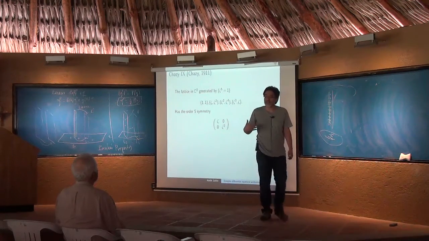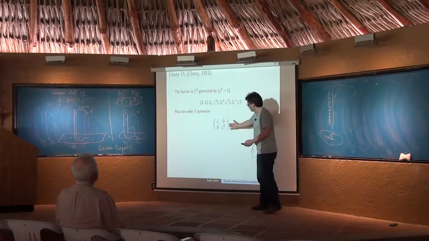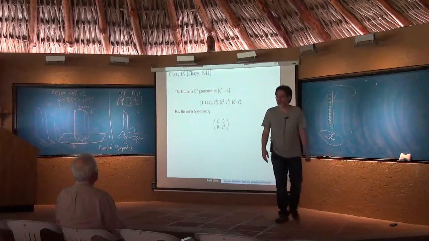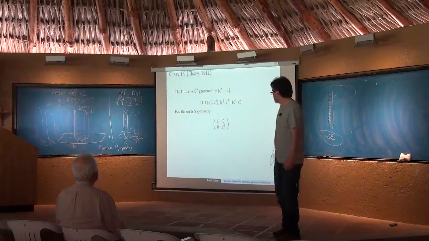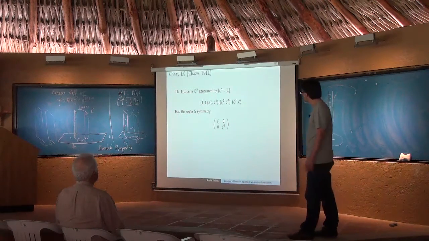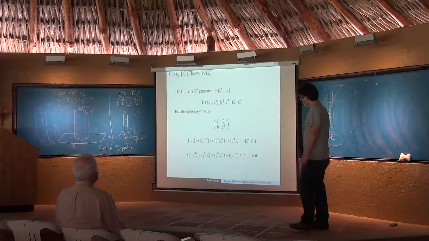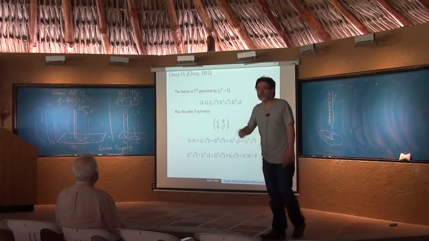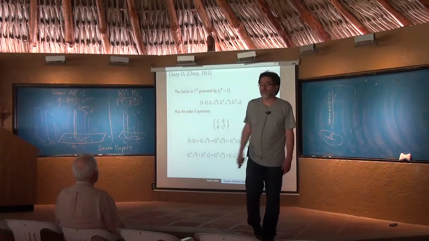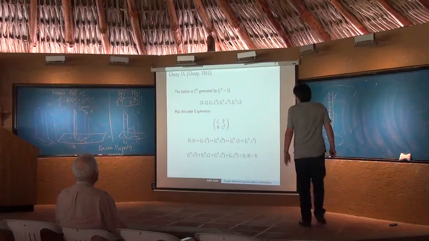And this lattice has an order 5 symmetry, generated by multiplying by this 2 by 2 diagonal matrix (zeta, zeta squared). You can see that it actually preserves the lattice because the generators are mapped into linear combinations with integer coefficients of the generators.